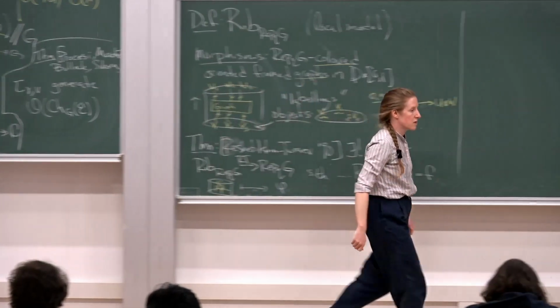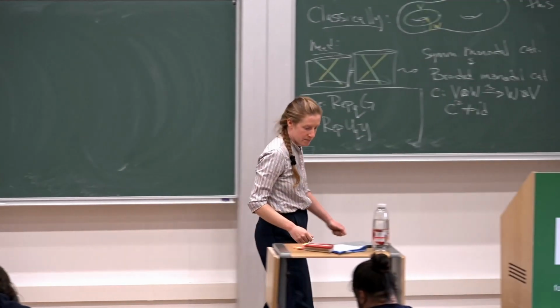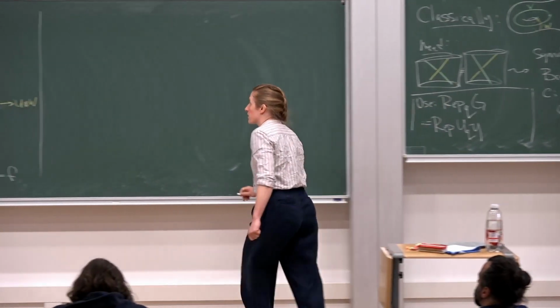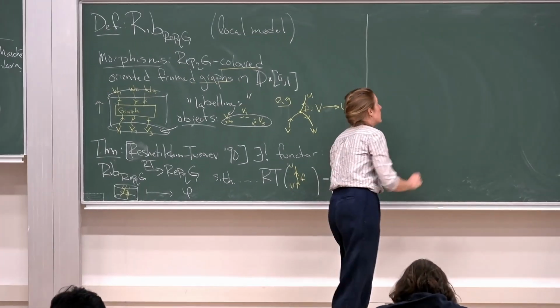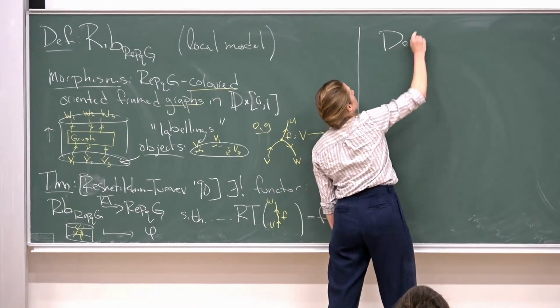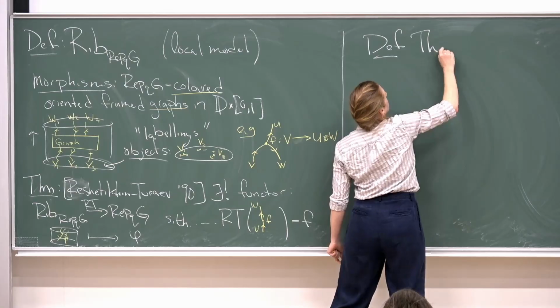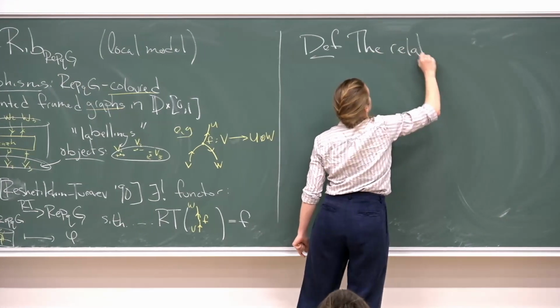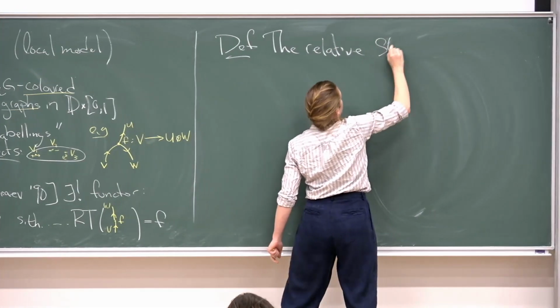All right, so this functor is what we're going to use to make our generalization of this space. How is that going to go? It's going to let us write down the following definition: the relative skein module.